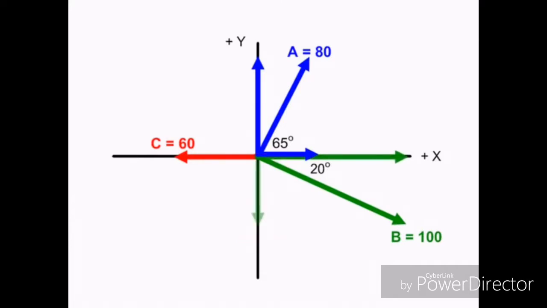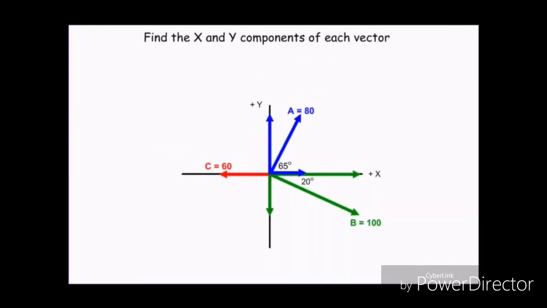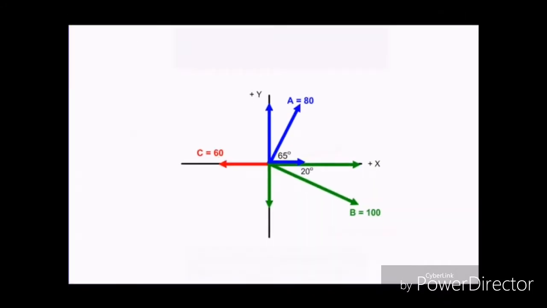Notice that there is no y component for vector C. Vector C lies entirely on the negative x-axis, so this is the value we'll be using when it comes to it. Let's take a closer look at what we actually do with all these components.